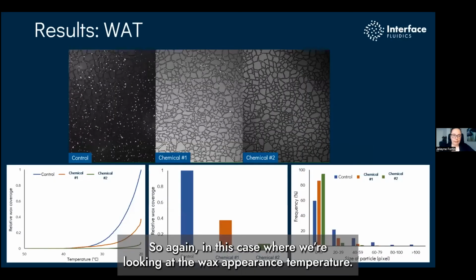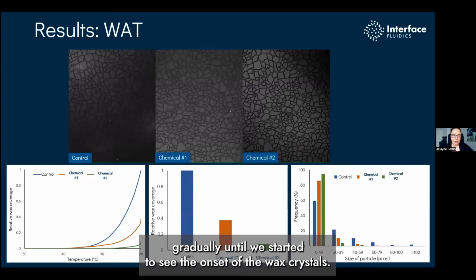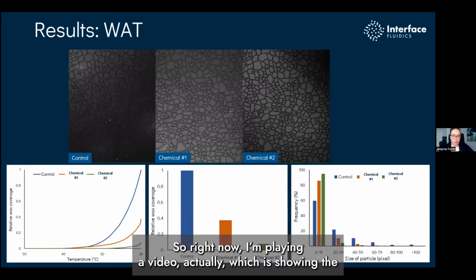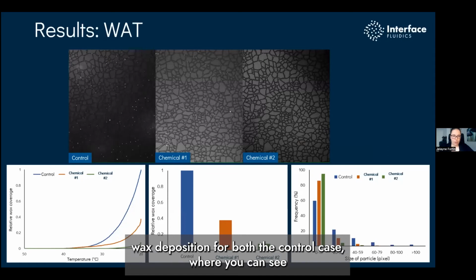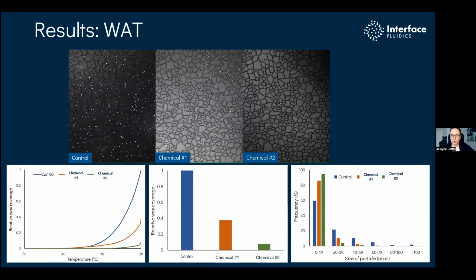Again, in this case where we're looking at the wax appearance temperature, the temperature started at 80 degrees Celsius, which was reduced gradually until we started to see the onset of the wax crystals. Right now I'm playing a video which is showing the wax deposition for both the control case, where you can see a number of these crystals depositing, and then for the 2 chemistries.